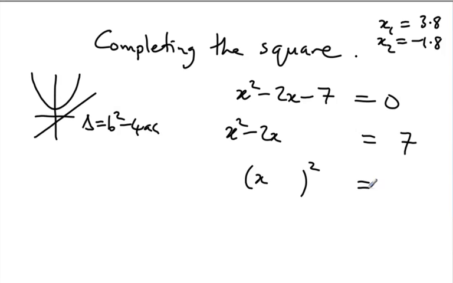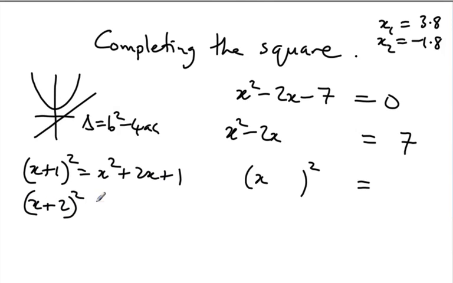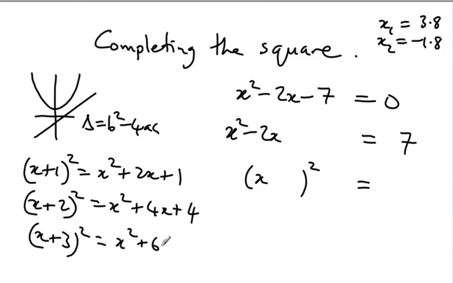Now look at this. x plus 1 squared is x squared plus 2x plus 1. x plus 2 squared is x squared plus 4x plus 4. x plus 3 squared is x squared plus 6x plus 9. What's the pattern? What is the pattern?